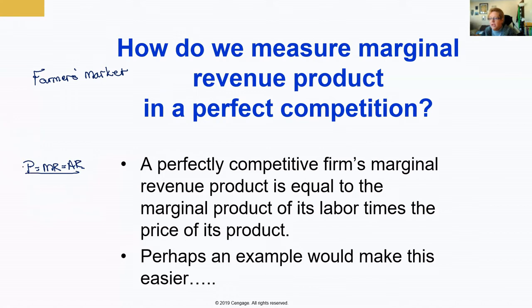No big deal, okay? But basically, remember, everyone's a price taker. So price is a driver in the market. So what we say is that the marginal product of labor, okay, times the price is going to equal our marginal revenue product. Those are all terms that we're studying in this particular chapter. Let's see an example, which I think will make it a little bit easier to understand.